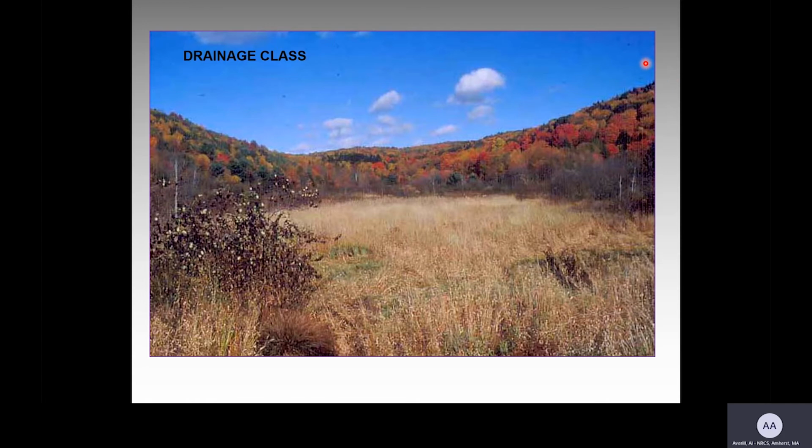You look at this landscape photo. You see hillsides surrounding a basin, level basin. So you can imagine the soil-water relationship is much different than the soil-water relationship here. This is a wetland, and this is going to receive water. This is going to shed water.